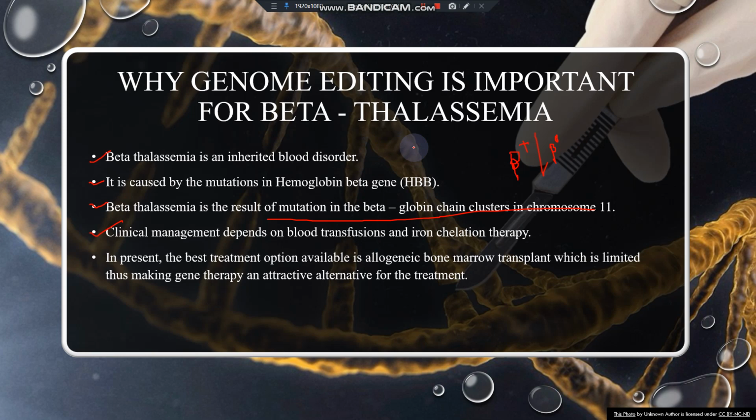But only a small number of people with severe thalassemia are able to find a good donor, as it is limited by the availability of a histocompatible donor, thus making gene therapy an attractive alternative. Thalassemia can be managed by blood transfusions, iron chelation therapy, and stem cell transplant.